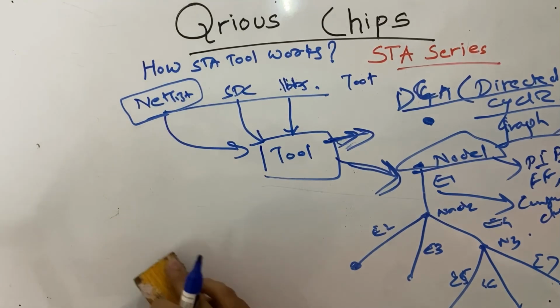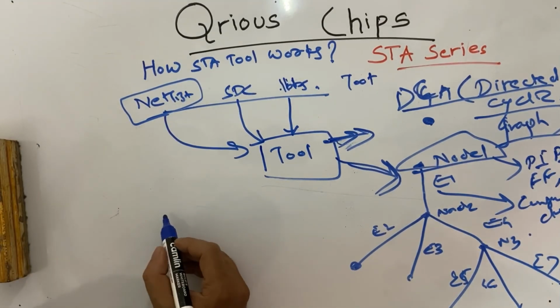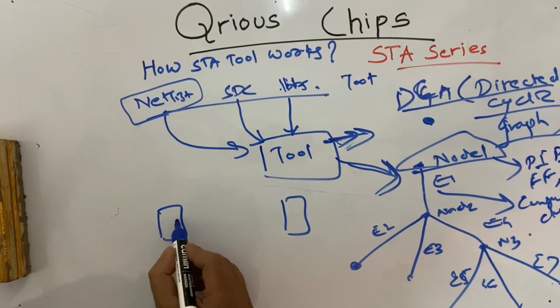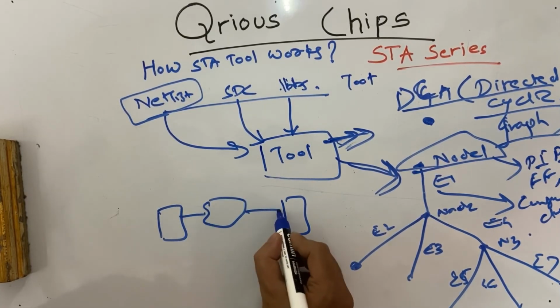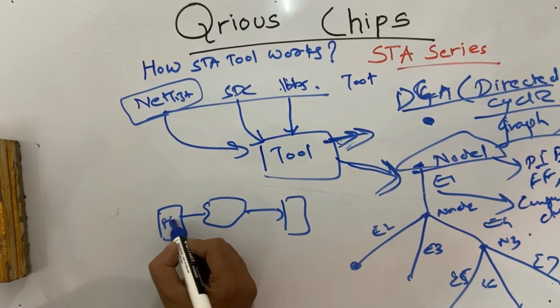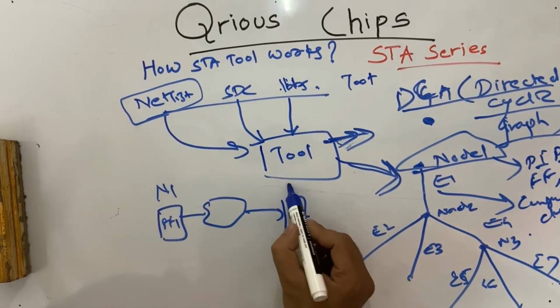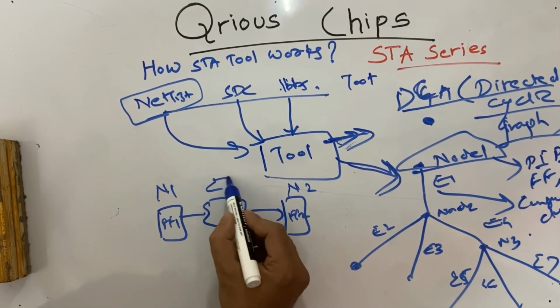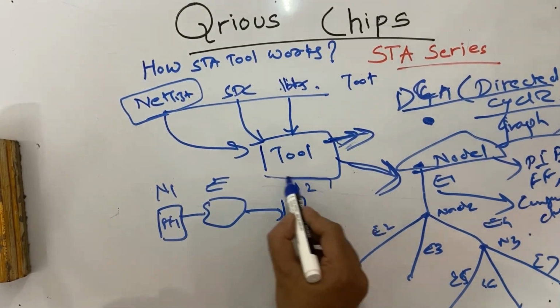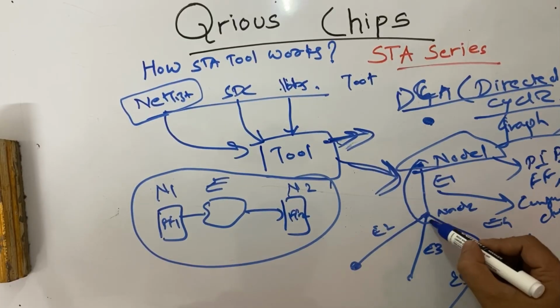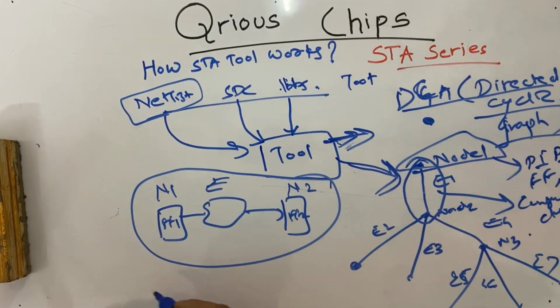So for example, suppose these two are flip-flops, and data is passing through this combinational logic from flip-flop 1 to flip-flop 2. So this is considered node 1, this is considered node 2, and this is the edge. So this is one edge and node pair.